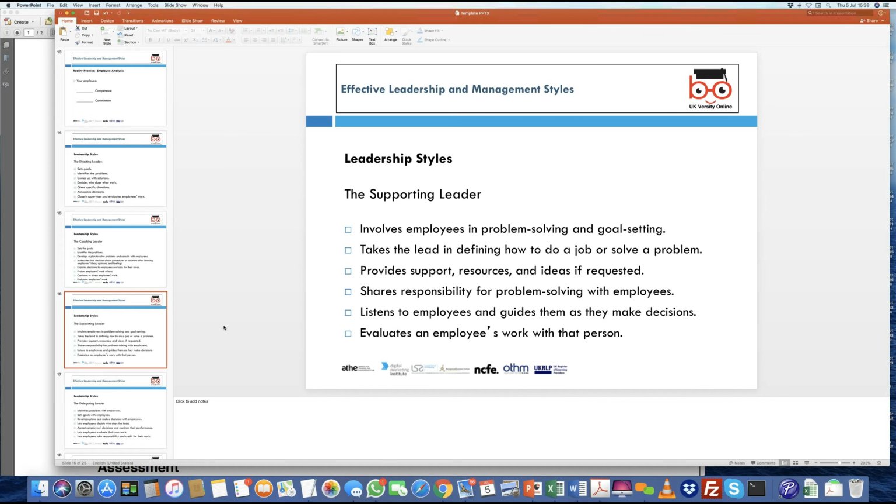That means the leader will set the broad goals and then have the employees participate in breaking those broad goals into smaller goals. So they look at both problem solving as well as goal setting. They also look at proactively solving problems as a collective.